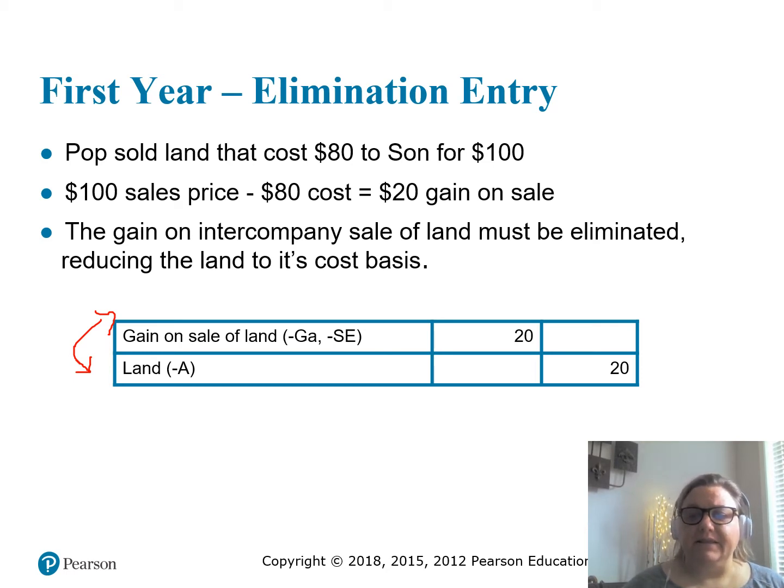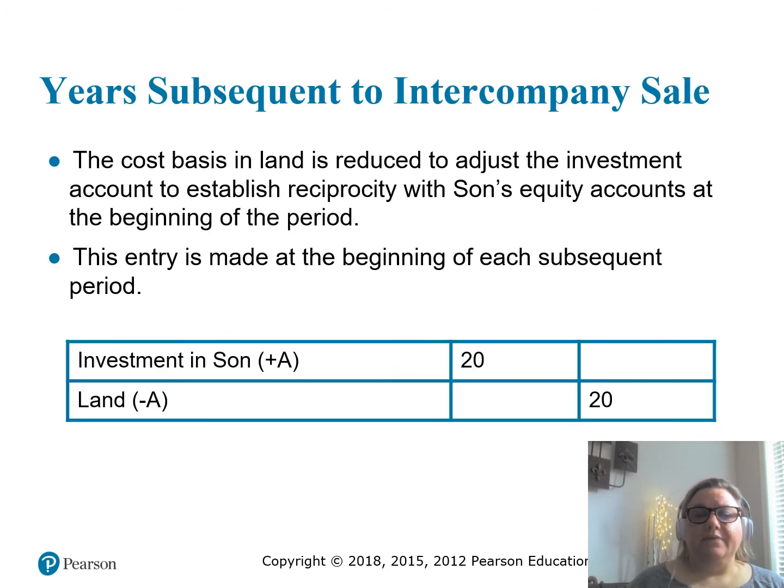Basically, that's what this is. Okay. So the cost basis is reduced to adjust the investment account to establish reciprocity with Sun's equity accounts at the beginning of the period, and the entry is made at the beginning of each subsequent period. So basically you just go in and adjust it out at the beginning of each subsequent period.